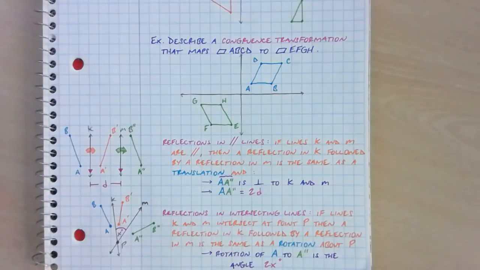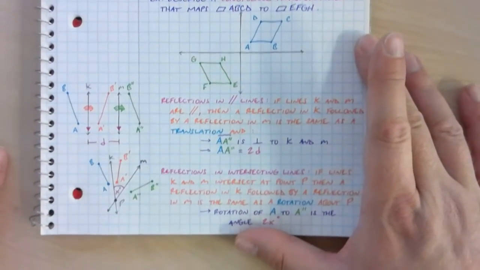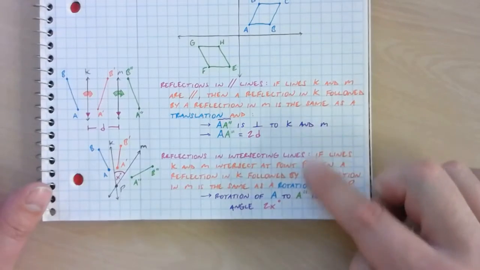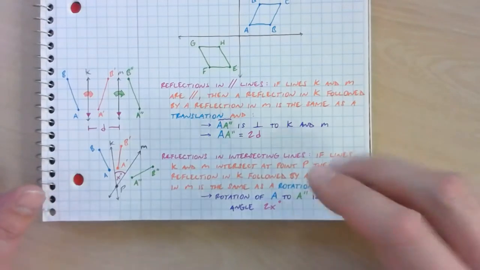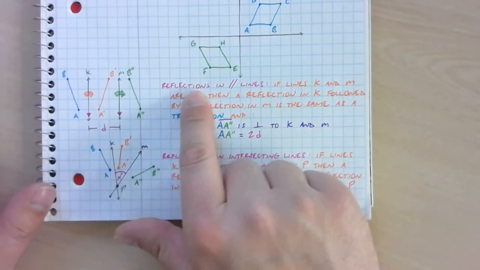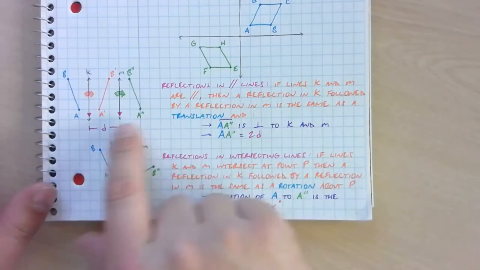All right, so just to finish off this video, this section, this unit, there are 2 properties we want to talk about. These are just special case scenarios. The first is a reflection with parallel lines.